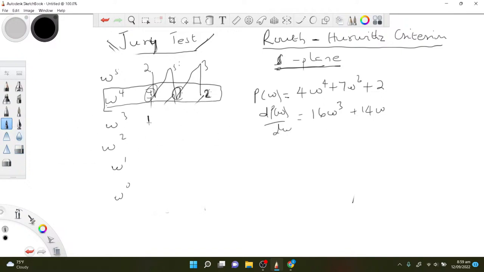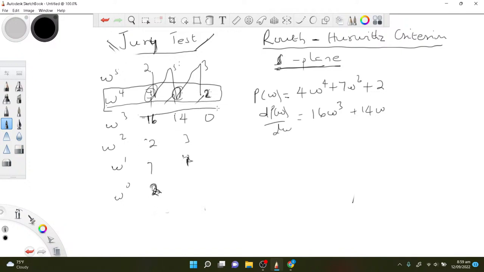So omega cube is 16, here is 14, this guy is 0. Then you continue with your table, we'll have 2, 3, 7. Let's see. You get something like, let me just write a number that I'll be safe.